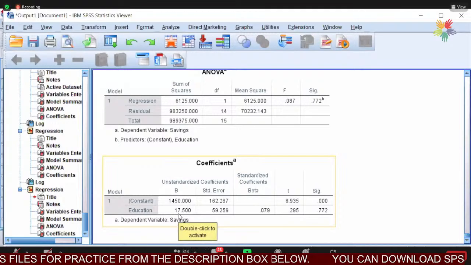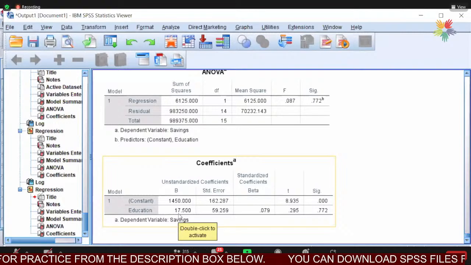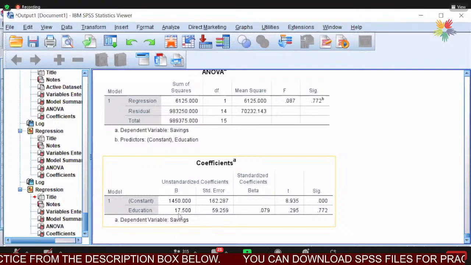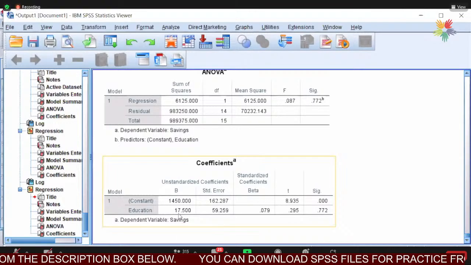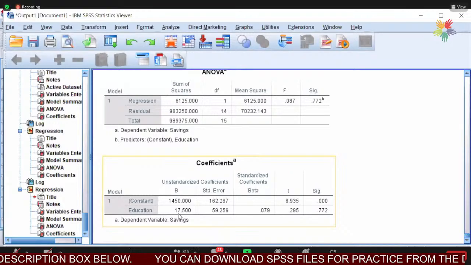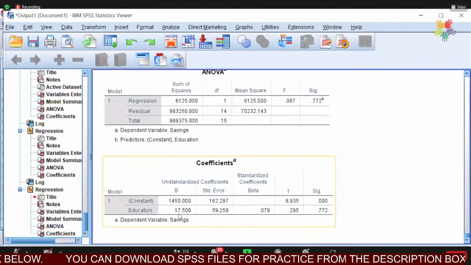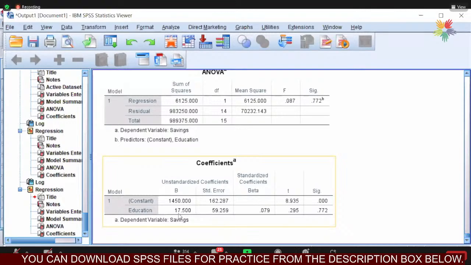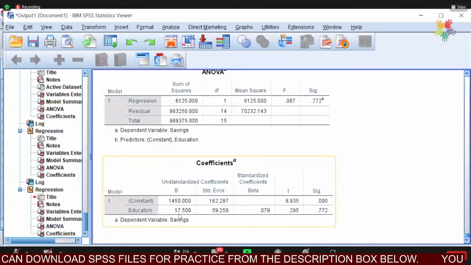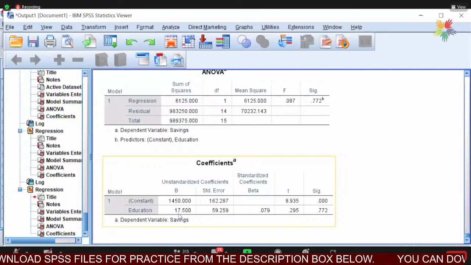Not at all. When you move from UG to PG, another 1 unit increase, another 17.5. That is the meaning of beta: with a 1 unit increase, it increases this much from the earlier one. So your result is wrong.